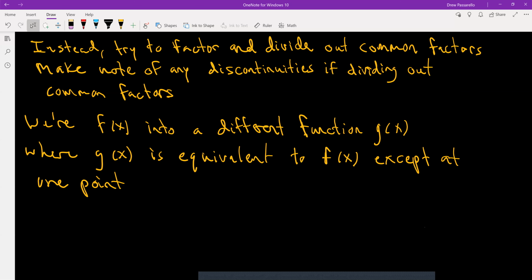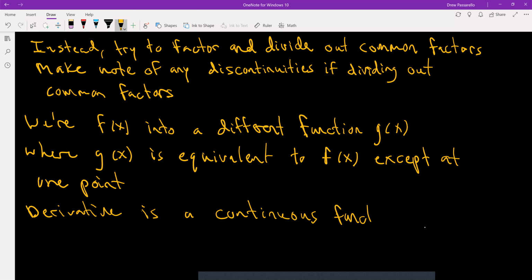And there's a theorem dealing with continuity, continuous functions, that I can do this, and derivatives is a continuous function. So we're allowed to do this rewriting.